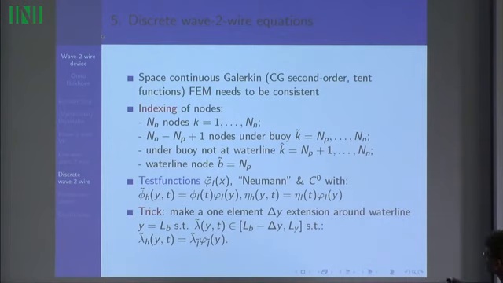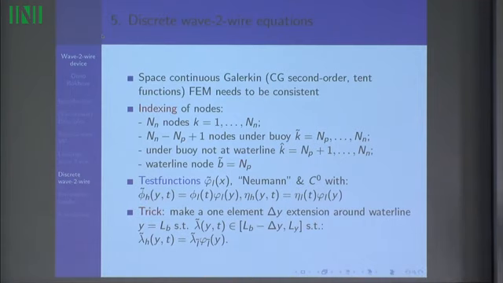Then under the buoy you can also have the notation that is all points, all the nodes except the ones on the waterline, and in this case there's only one waterline node which I indicate with NP, and they all have the tilde, the hat, then it excludes the waterline point, and B tilde is the waterline. Of course, this is one point, but if you introduce the lateral direction, it's actually a set of points.